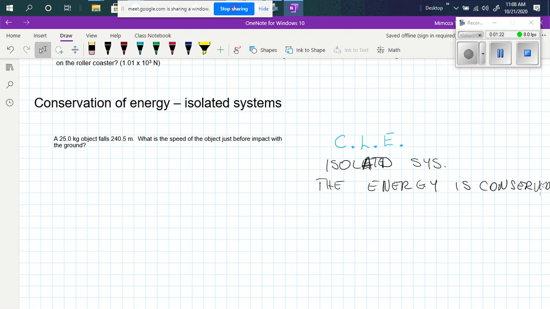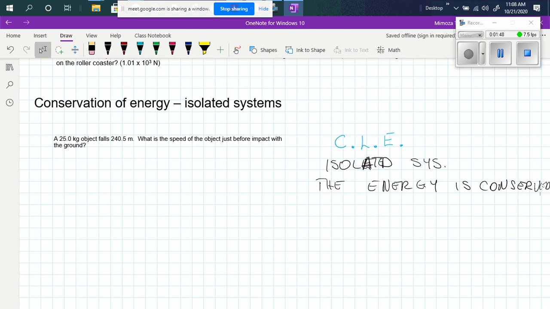What does that mean? If we are saying that the system is frictionless, the contact between the object and the surface is a frictionless surface, then suddenly there is friction there, that is not an isolated system because we haven't taken that force into consideration.